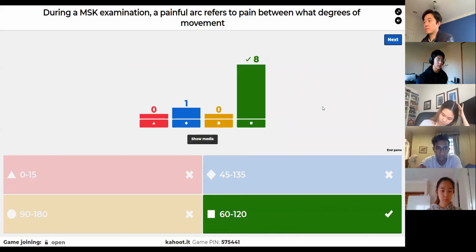So yeah, 60 to 120, or in other words, the middle third of 0 to 180.